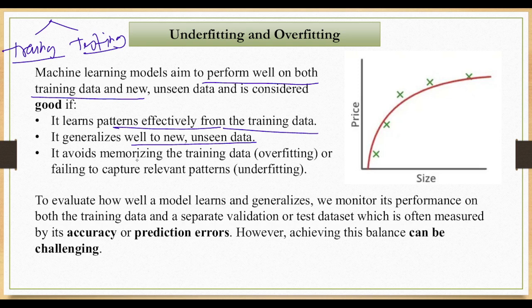It should learn from the data and avoid memorizing the training data, which happens in the case of overfitting, or failing to capture the relevant pattern, which happens in the case of underfitting. We'll see these cases in the next slide.